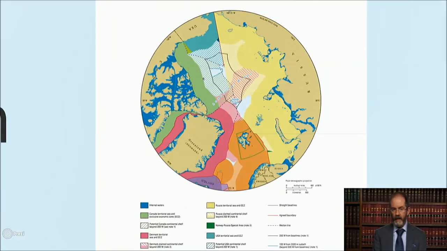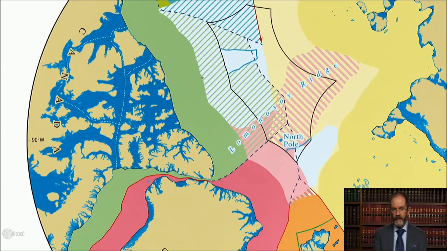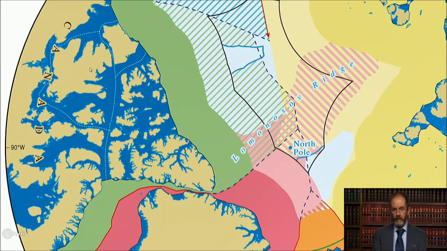If we zoom in a bit towards Canada, so we've got north of Canada here, you'll see this dark green area is their exclusive economic zone out to 200 nautical miles. This shaded area is potentially claimable geological continental shelf. The dotted line is the median line between Canada and Russia. Here we have the Lomonosov Ridge, which has proved controversial in discussions about the extent of the Russian continental shelf.